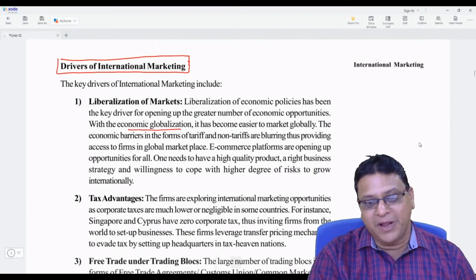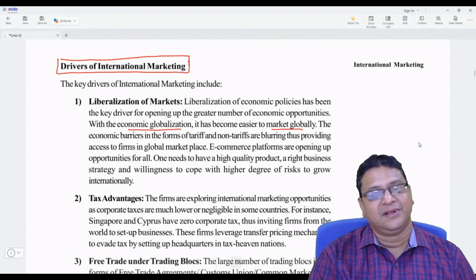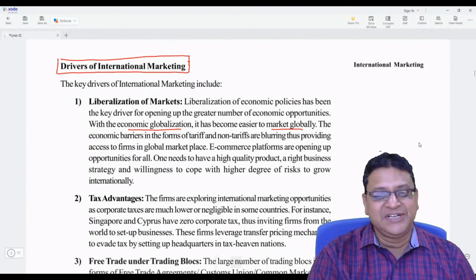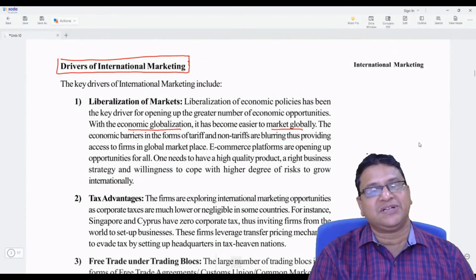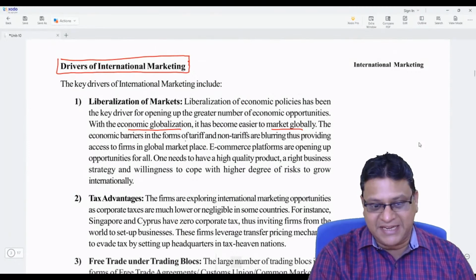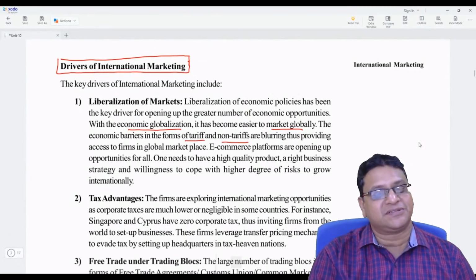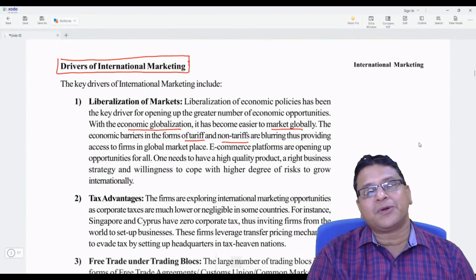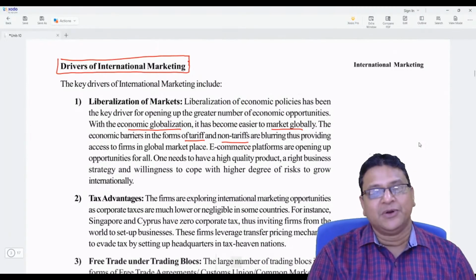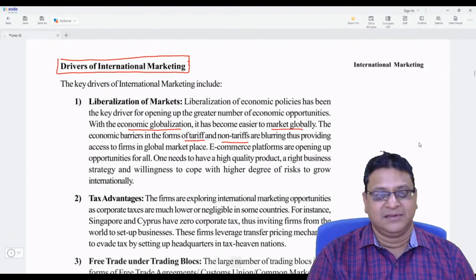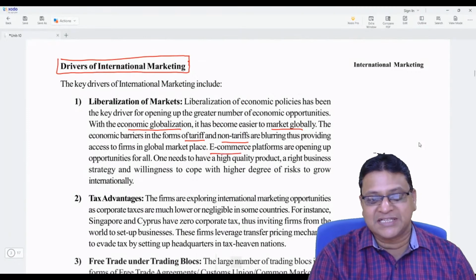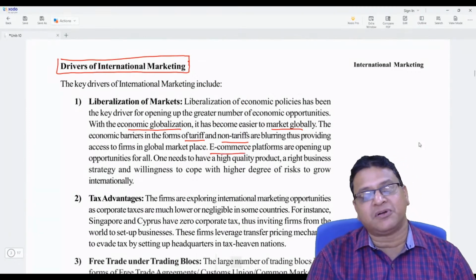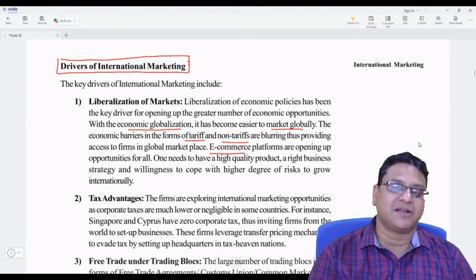We are in a global world. Countries are reducing barriers to international trade. The barriers may be tariff barriers and non-tariff barriers. In the WTO era, more and more countries are coming together to reduce the barriers to international trade. And e-commerce has given us a platform for international trade.